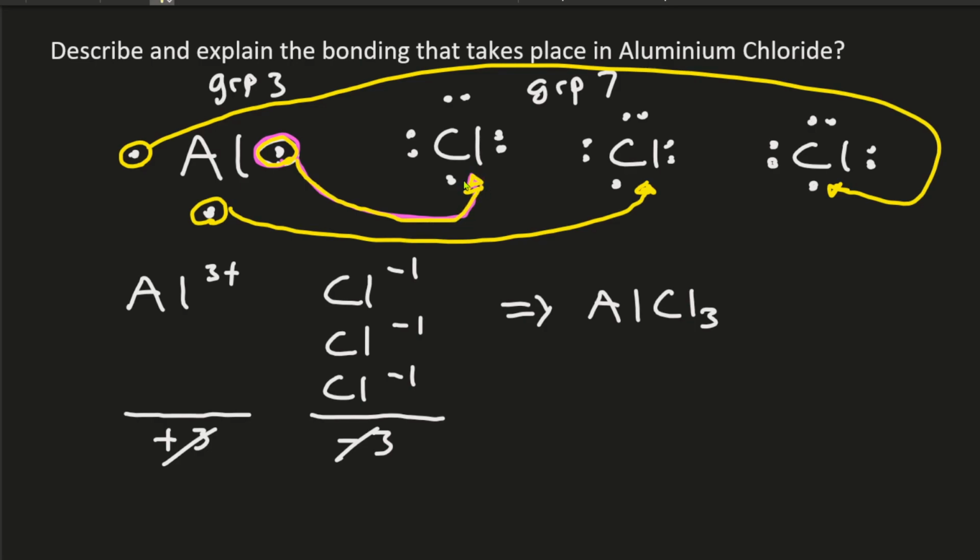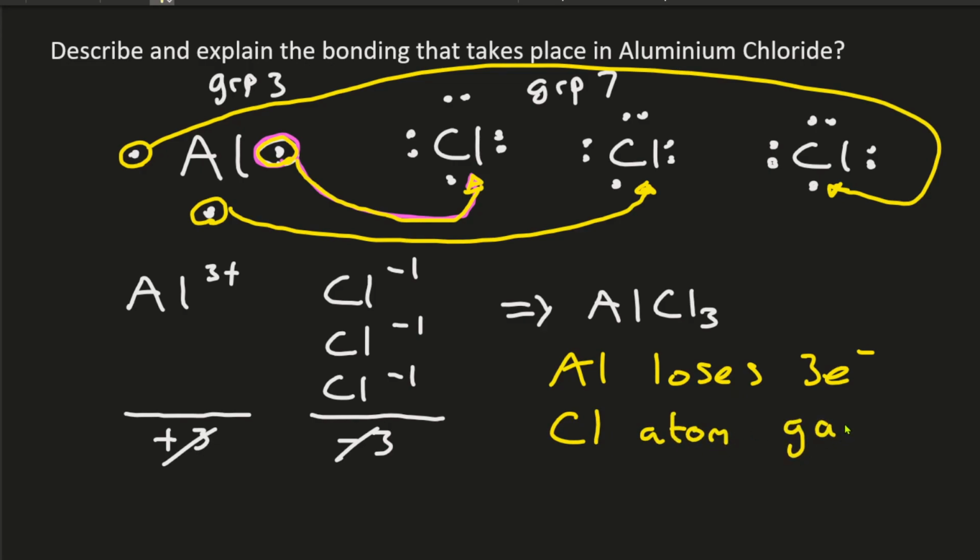So in your answer, you would say aluminium loses 3 electrons and each chlorine atom gains 1 electron from the aluminium.